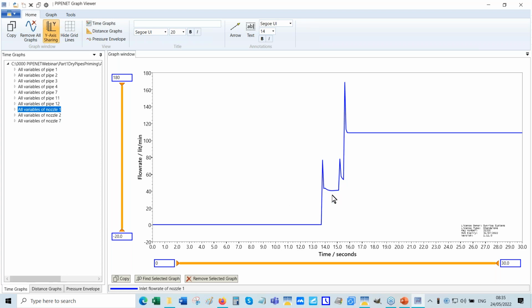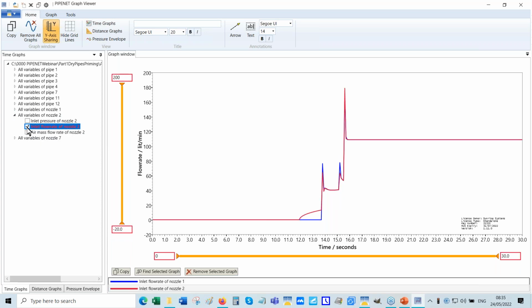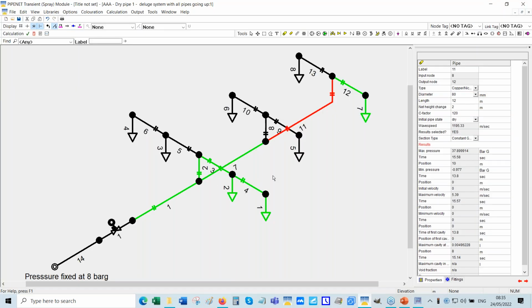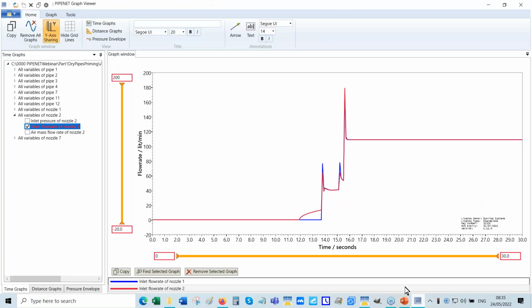It's beautiful, really, because it works all the way back to the first nozzle and creates a small peak because there is a peak in the pressure. And if you look at nozzle 2, see, that's nozzle 2, and that's nozzle 1. So the interesting thing is that they all experience these little spikes because of the shock wave that travels back to them.